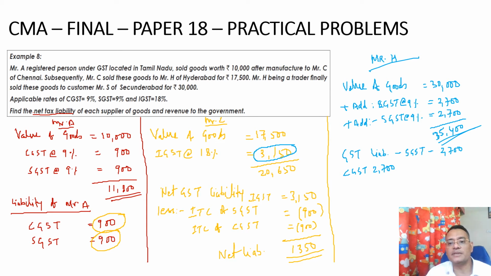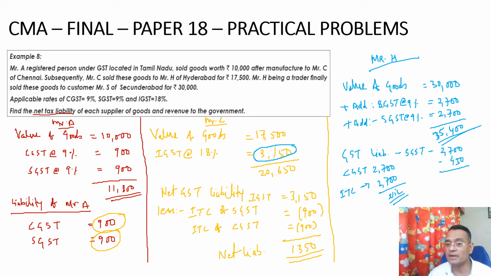So first it will be adjusted towards payment of CGST 2,700. So net CGST liability will be nil. Now the remaining 450 rupees will be used towards payment of SGST.